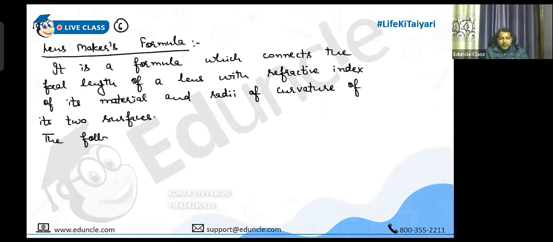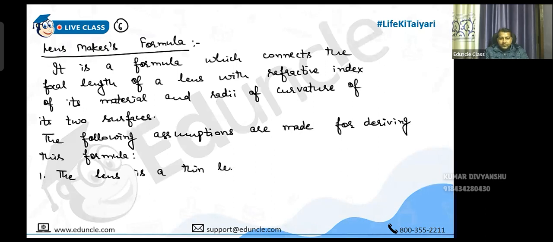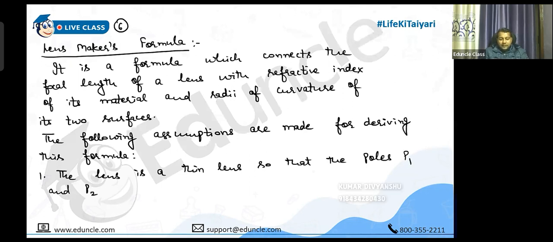The following assumptions are made while deriving this formula. Of course, we won't be deriving the formula, but you should know the assumptions. The first assumption is the lens is a thin lens, so that the poles P1 and P2 lie close to the optical center. There are two poles of the lens because there are two surfaces.